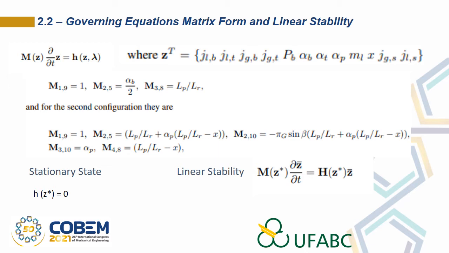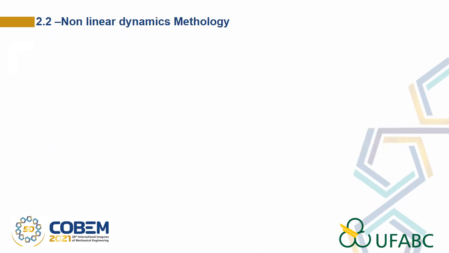To study the linear stability of this stationary state, we obtain the perturbation governing equation, where matrix f of Z asterisk is the Jacobian of the vector f of Z evaluated at Z equal Z asterisk. If the perturbation grows with time, the stationary state is unstable, but if the perturbation decays with time, the stationary state is stable.